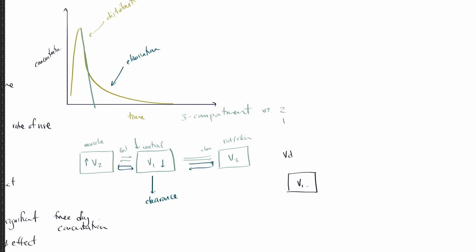But it's with the thought that part of this V1 totally encapsulates part of the drug, which means that the serum concentration does not see part of the drug. And so if it doesn't see part of the drug, the concentration of this is much, much lower than you would expect it to be.